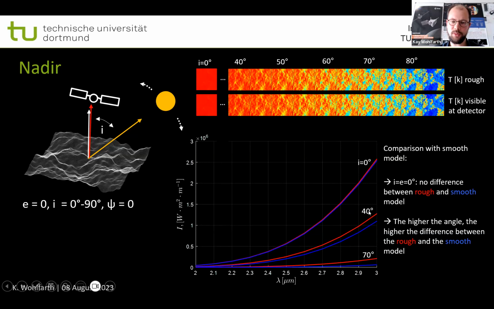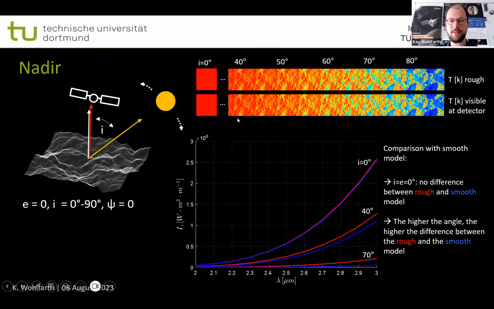For 40 degree, we can already see that the thermal emission of the rough surface in red is approximately 10 to 15% higher than for the smooth model. And for 70 degree incidence angle, we can see that it's maybe 3 times hotter. Not really hot, but the thermal emission is 3 times higher than for the smooth surface.